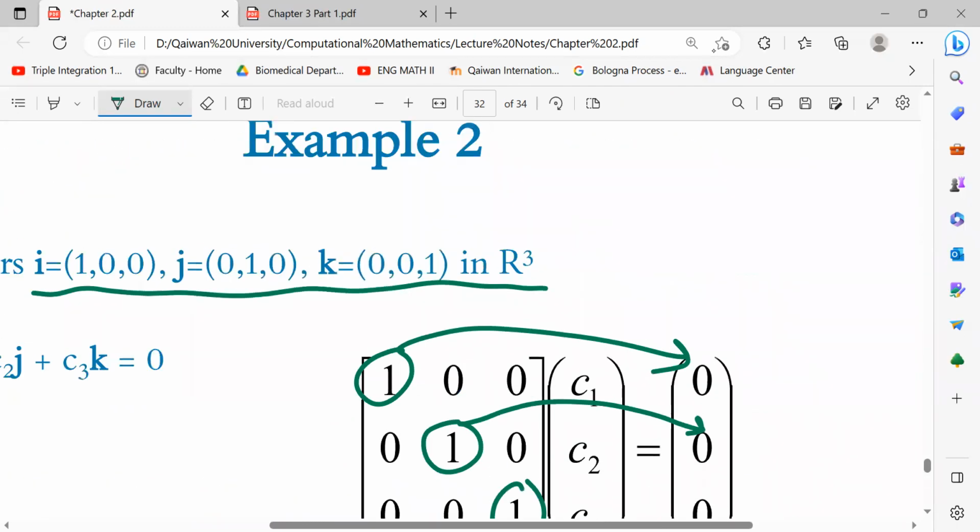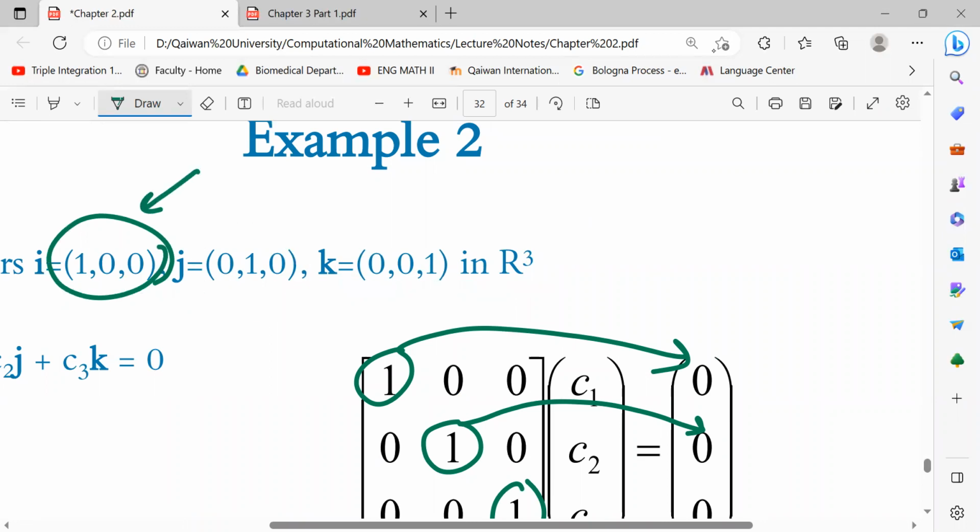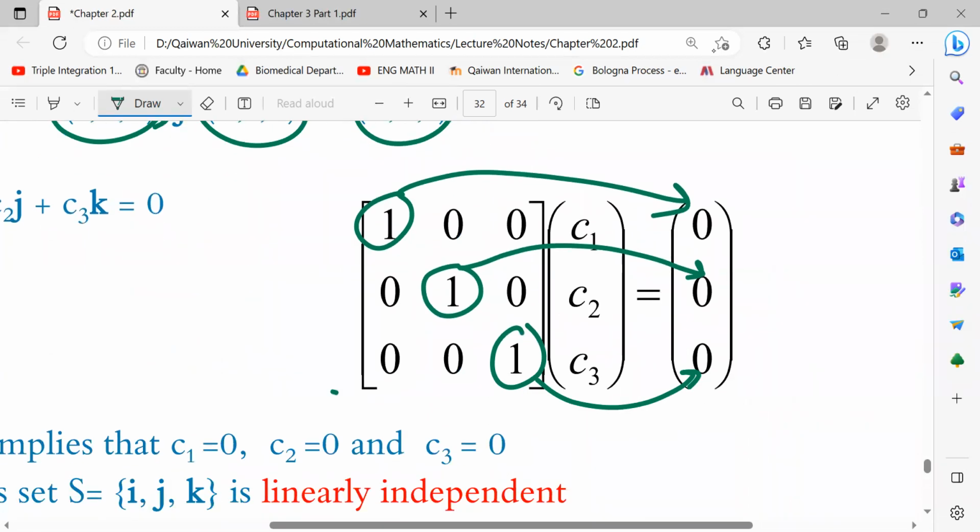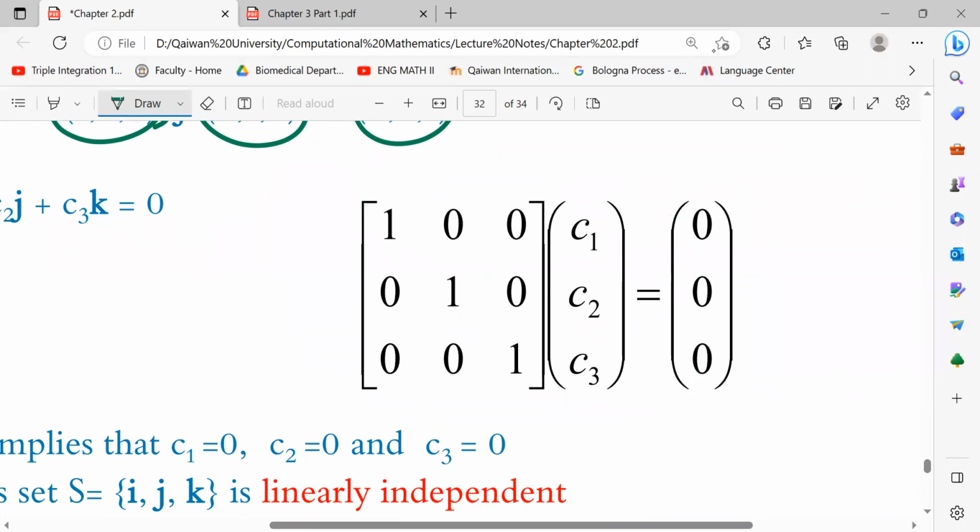Look, it's the same. This is column 1, this is column 2, this is column 3, and you got this matrix. From this system, we get that C1 is 0, C2 is 0, and C3 is 0.